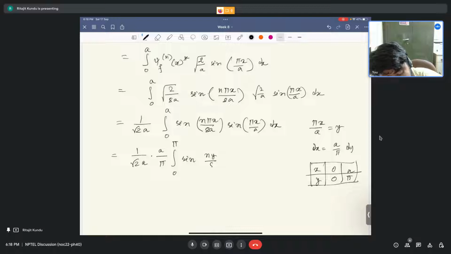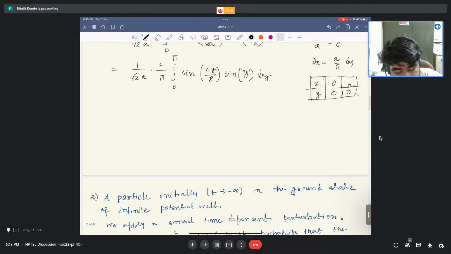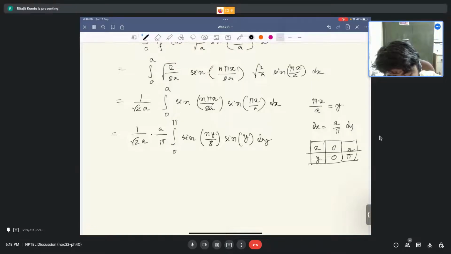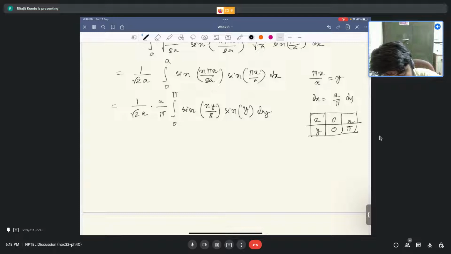So now let's focus on this integration. The a cancels from top and bottom, and we are left with just a number. Let me write this as I, the value of this integration.